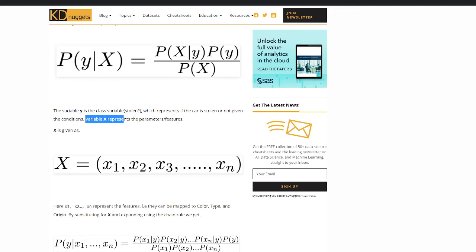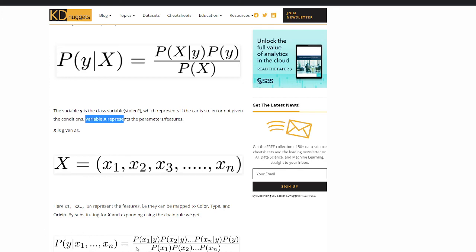From here, because they are independent, P(y given x1, x2, x3) equals P(y) times P(x1 given y) times P(x2 given y) times P(x3 given y), divided by P(x1) P(x2) P(x3).